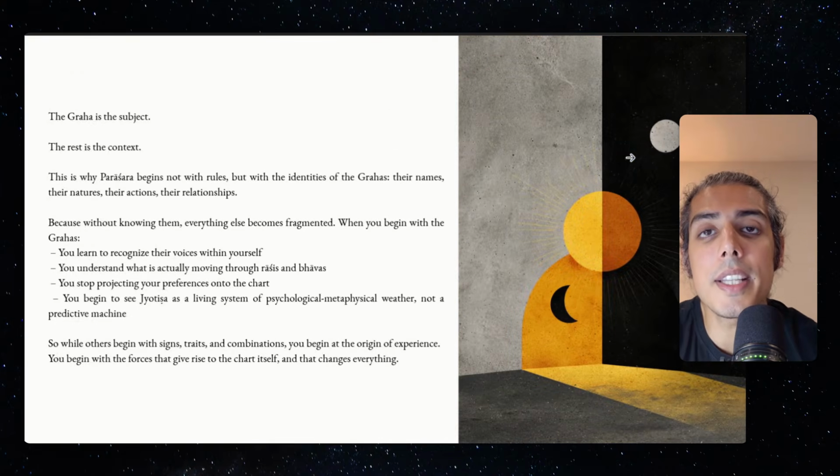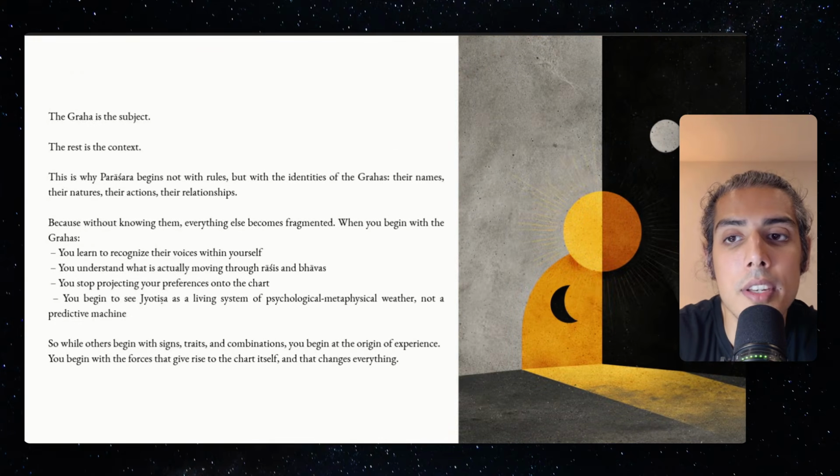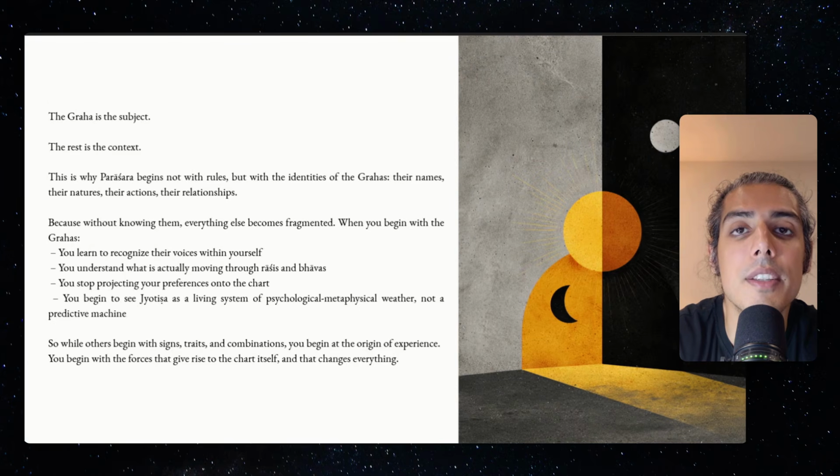So graha is the subject, the rest is the context. This is why Rishi Parashara begins not with rules but with the identities of the grahas, their names, their nature, their action, their relationships. Because without knowing them, everything else becomes fragmented.